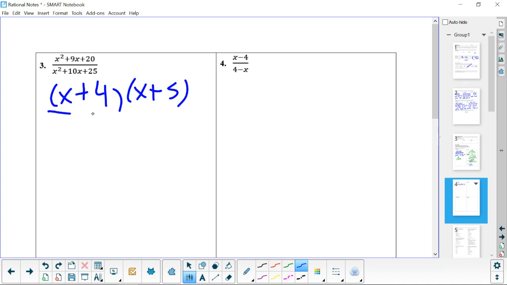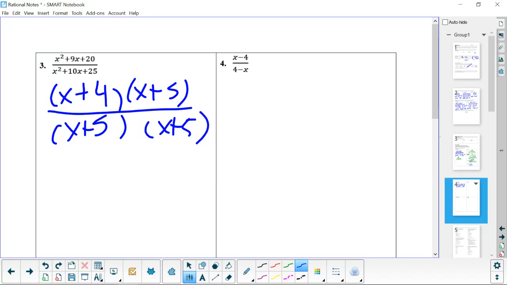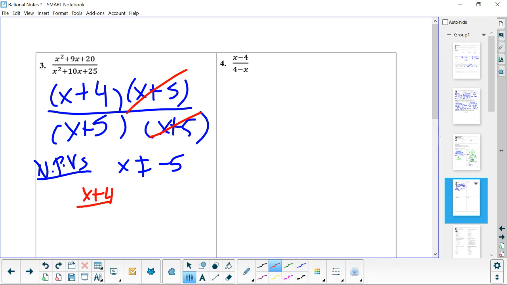And in the denominator, I'll get x plus 5 and x plus 5. Okay, before I cancel out the common factors, I'm going to calculate my non-permissible values. Okay, so there's only one. X should not be equal to -5. Okay, now I'm going to cancel out the common factors. So my answer is x plus 4 divided by x plus 5.